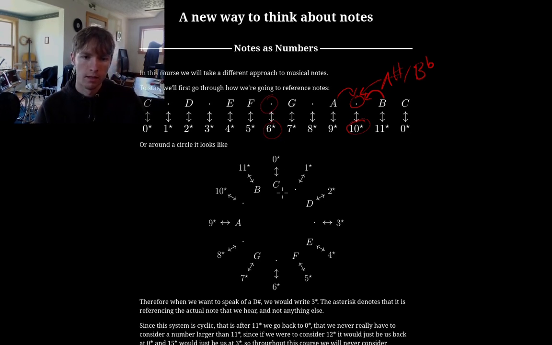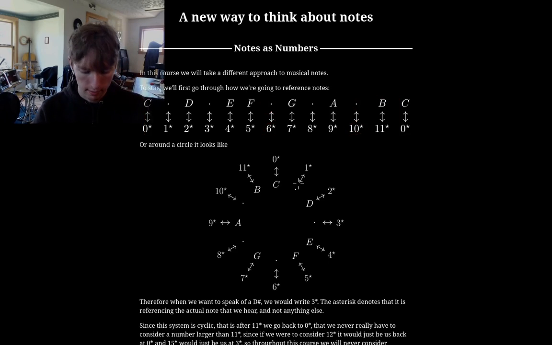There's another property about this, which is that when we go past B, you end up back at C, right? So you just came out down here. That means it's a cycle, which means you can put it in a circle. So we may as well write it as a circle, and that'll help us later on as well.